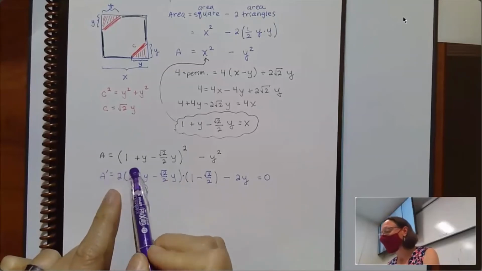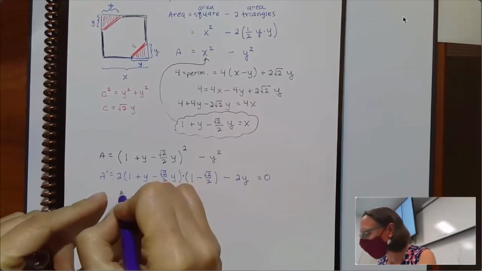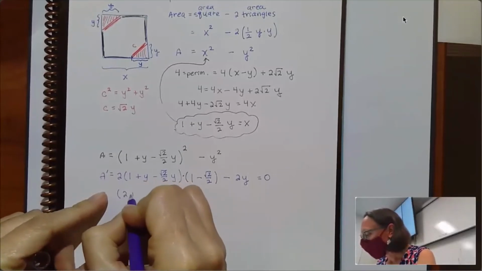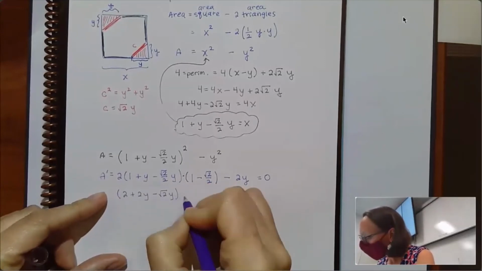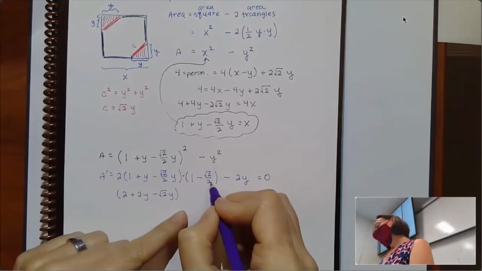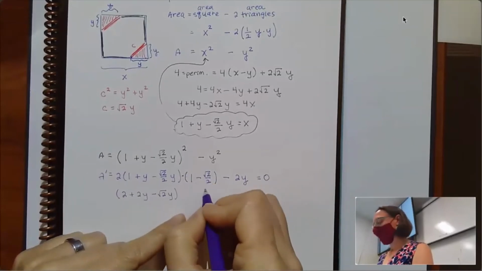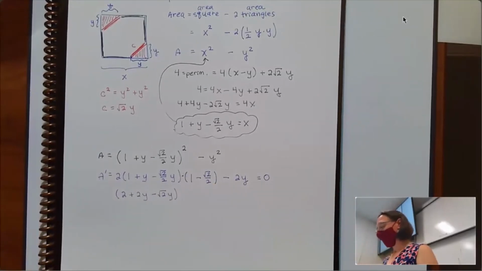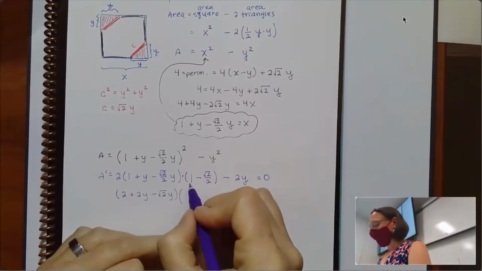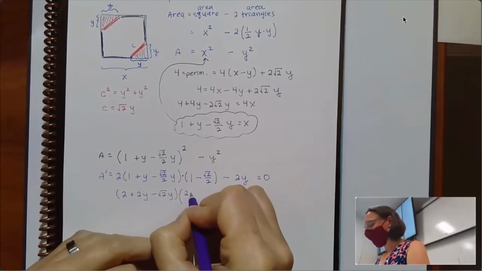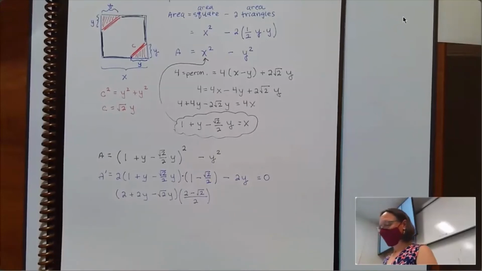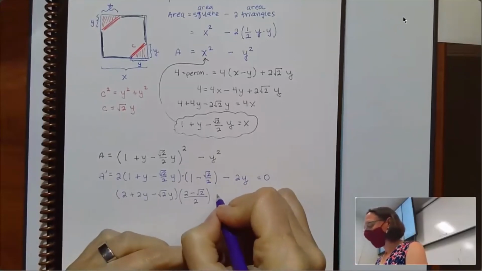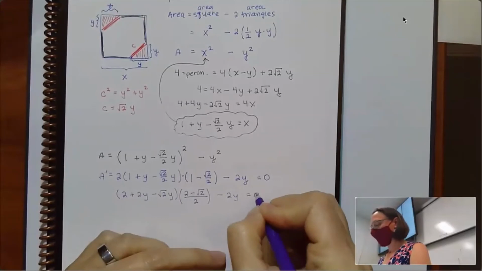So I'm going to distribute my 2 into that first part and end up with 2 plus 2y minus the square root of 2y times 1 minus square root of 2 over 2. Maybe we should get a common denominator on that. Multiply that by 2 over 2. So I had 2 minus the square root of 2 all over 2. That would have maybe been smarter to do from the beginning. Minus 2y is equal to 0.